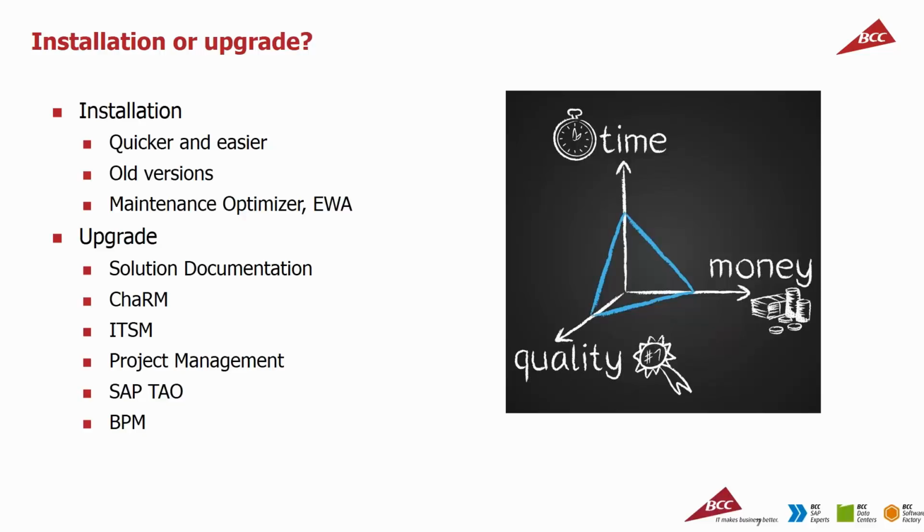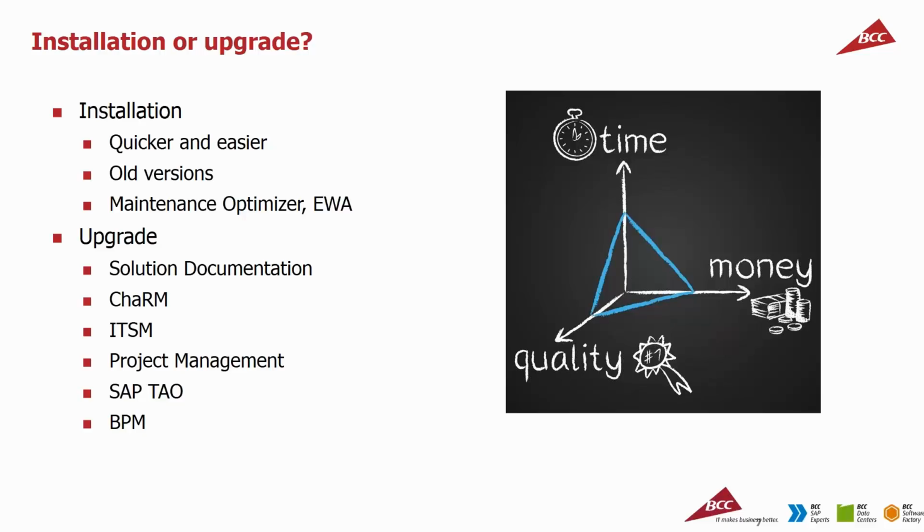So who's supposed to perform an upgrade? As I think, and as SAP recommends, it should be performed by everyone who's using one of the applications like Solution Documentation, ChaRM, ITSM, project management, SAP Tower, or business process monitoring.